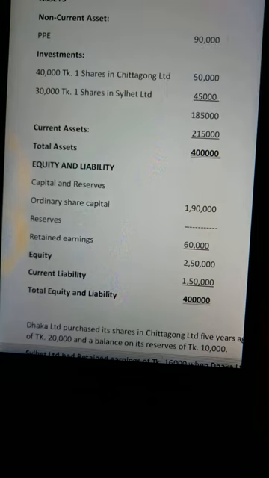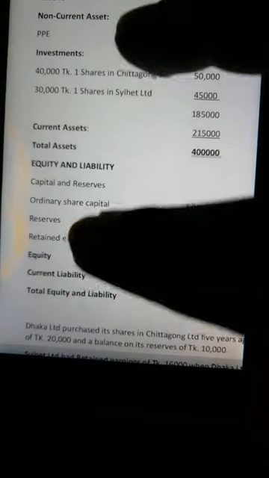But in this financial statement, they haven't given any percentage or fractions. So here we have to calculate the percentage, because without the percentage or fractions we can't make a group structure.